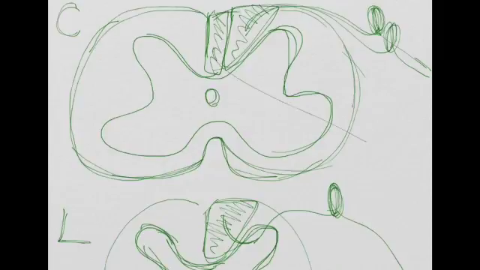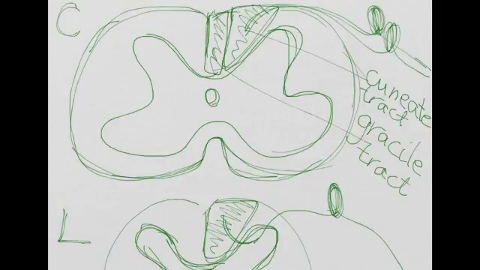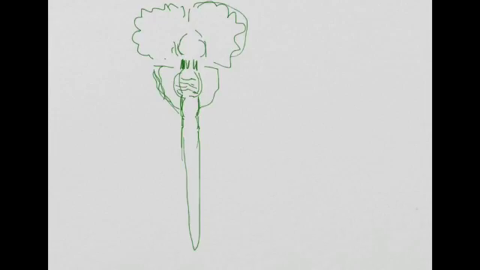Consequently, the more fragile looking or narrow looking tract is called the gracile tract, while the more lateral one, representing all the fiber bundles coming from the upper extremities, will be called the cuneate tract, coming from the Latin word for wedge. So if we compare the two pathways, in both the information is delivered through a sensory nerve which arrives to the dorsal horn.